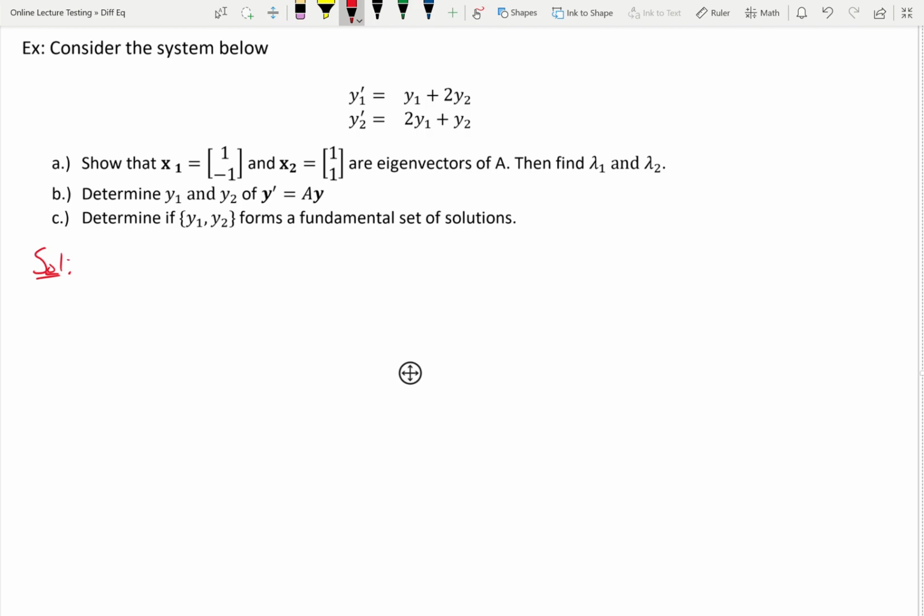All right. So first of all, the best thing that we need to do is get this into our format of y' is equal to Ay. So rewrite in the form of y' is equal to Ay, where A is equal to, look at your coefficients out in front of y1 and y2, so we have 1, 2, and then 2, 1.